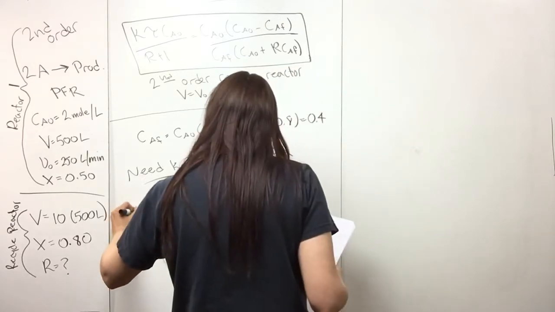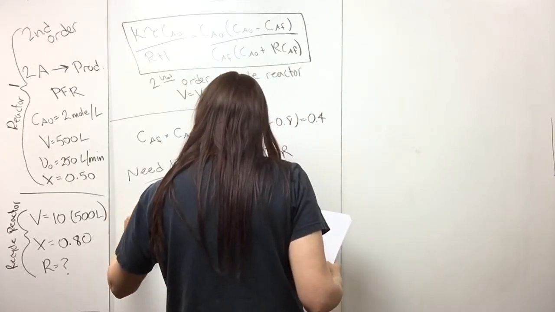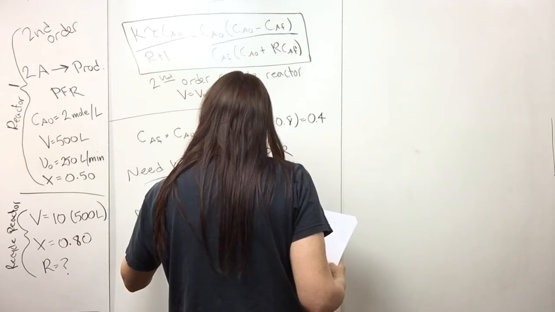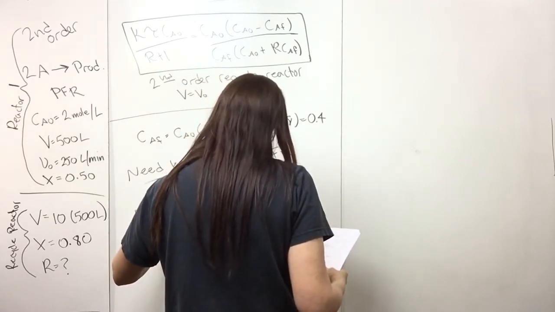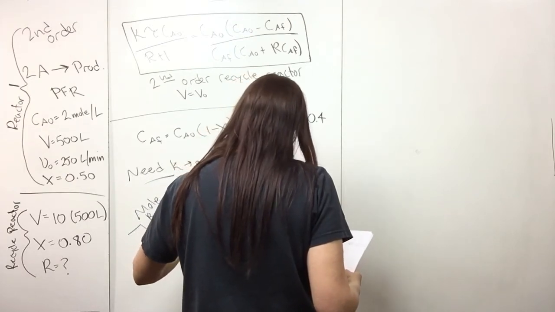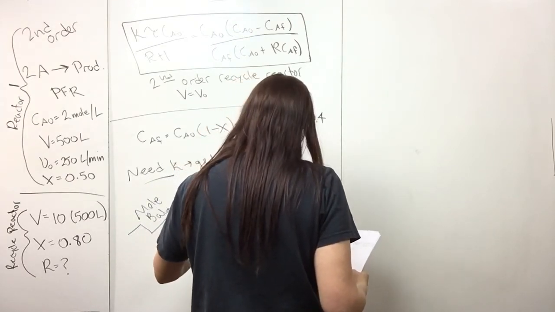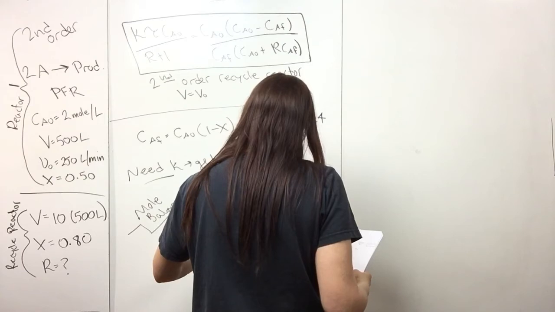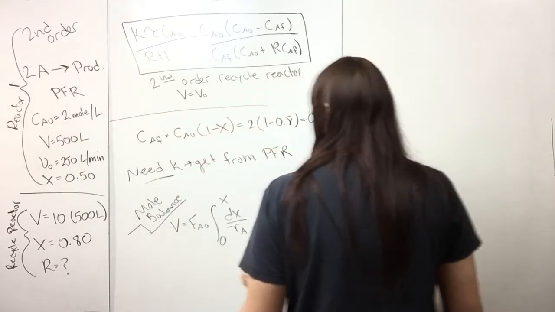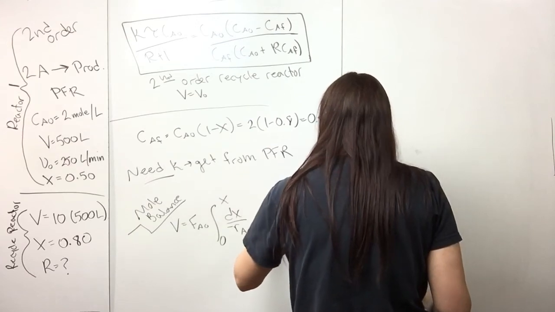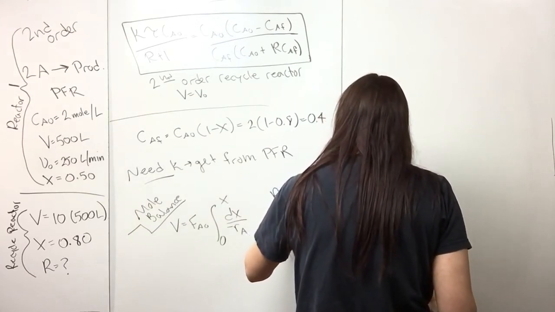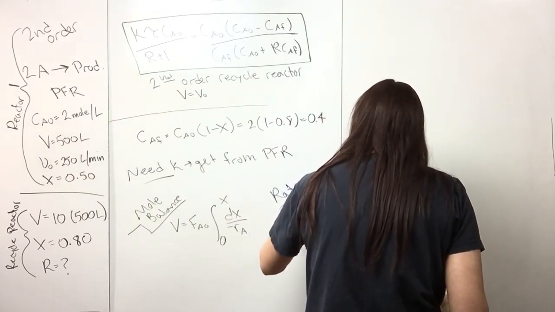So we know the mole balance, V is equal to FA naught integral from 0 to X of dX over minus RA, and the rate, minus RA, is equal to k CA squared.